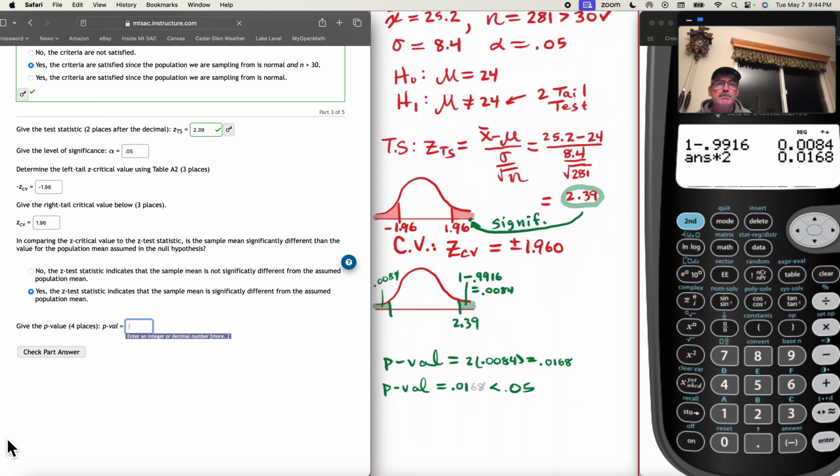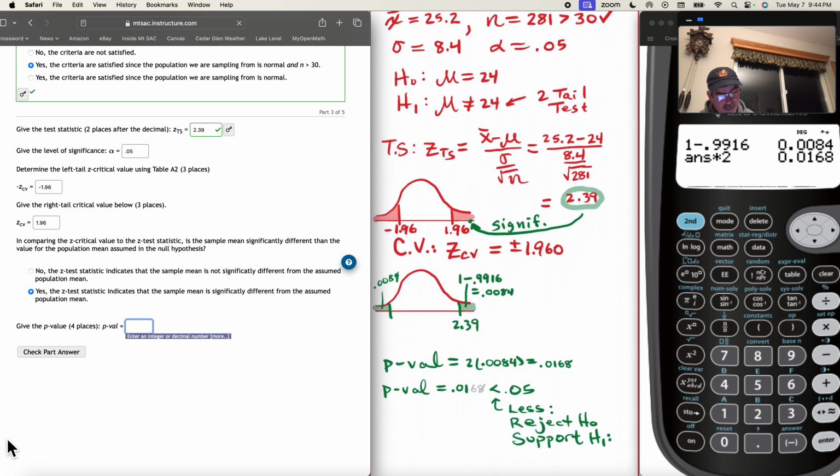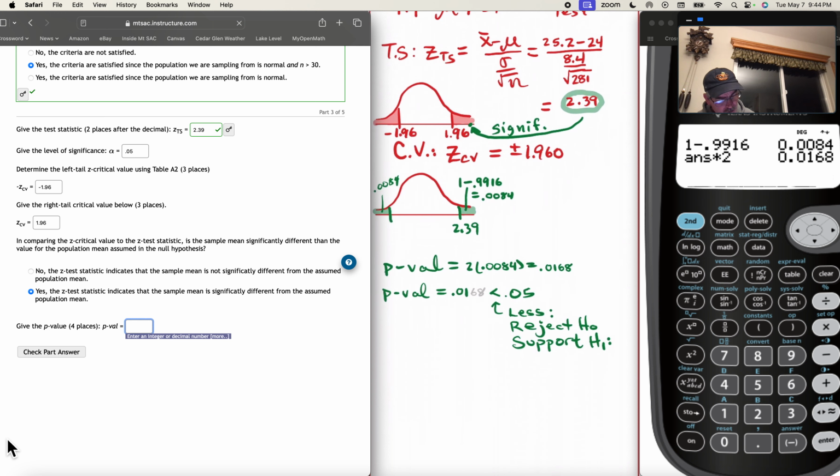And less means we reject the null hypothesis. We keep rejecting. But here we go again. The less means reject H0 and support H1, which had said that if you look back, mu is not 24. We're supporting that.